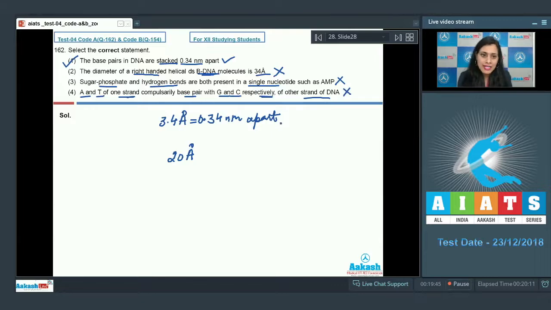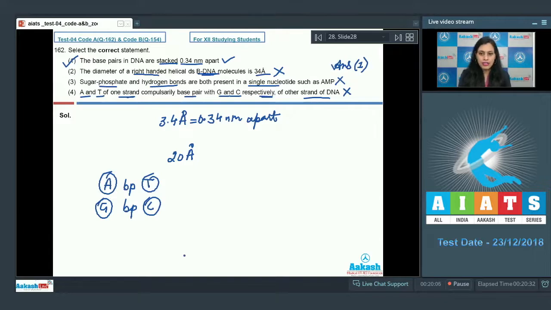And this is an incorrect statement because A of one strand will base pair with T of the other strand, whereas G of one strand base pairs with C of the other strand. So the correct answer for this question is option number 1. Let's discuss our next question.